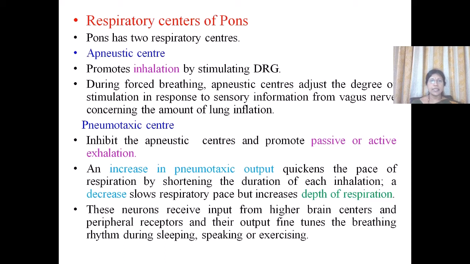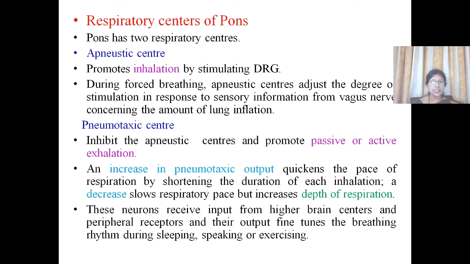Pneumotaxic center inhibits the apneustic centers and promotes passive or active exhalation. An increase in the pneumotaxic output increases the pace of respiration, that is the speed of respiration, by shortening the duration of each inhalation, while a decrease in the pneumotaxic output slows the respiratory pace, but it increases the depth of respiration.